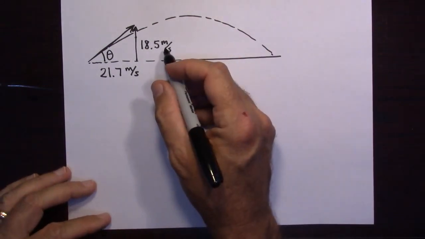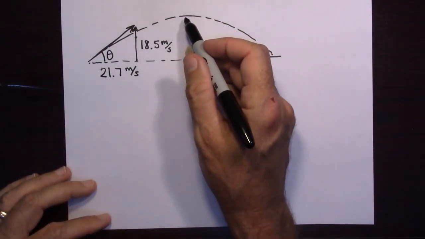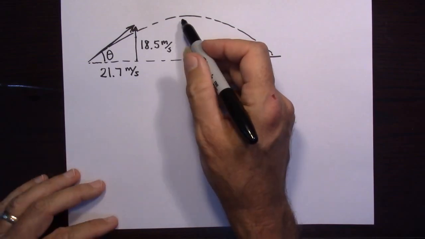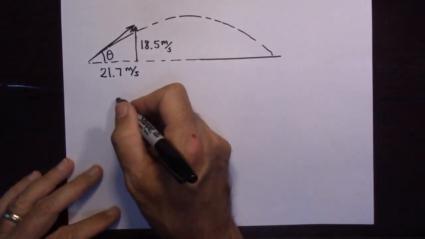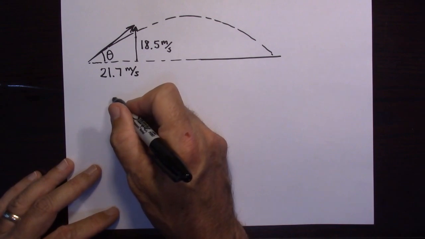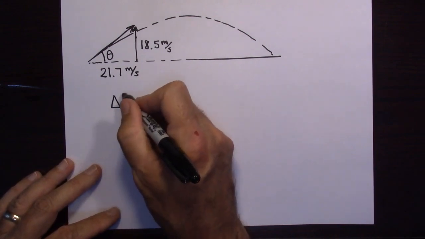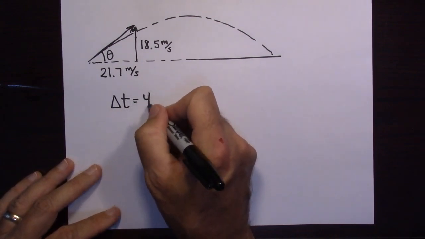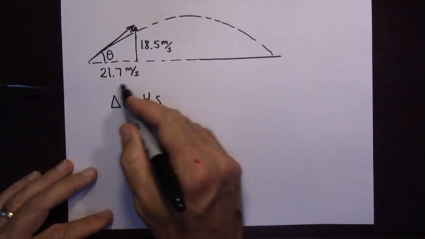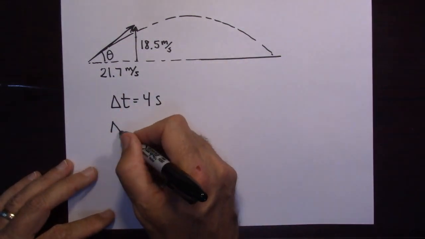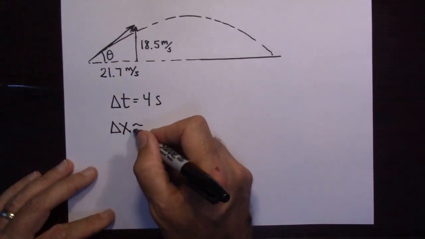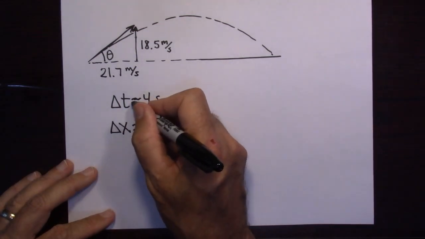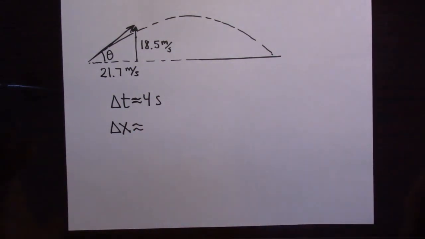And so this is going to be in the air about 2 seconds up and then 2 seconds down. So it's going to be in the air for about 4 seconds, a little less. So delta t will be a little less than 4 seconds. And it's going about 20 meters per second, so the range is approximately, I should put approximate signs for all these, right?